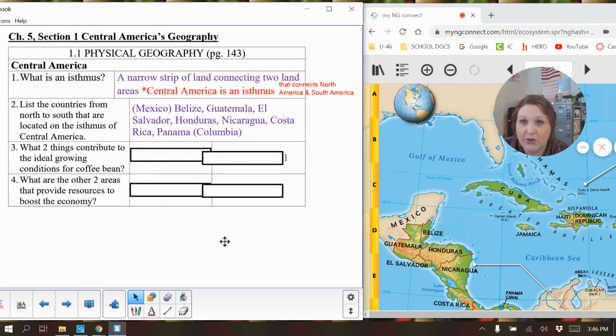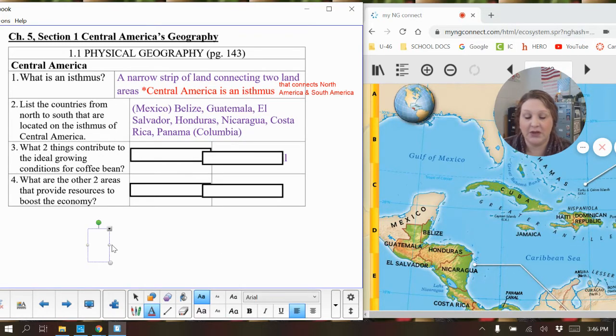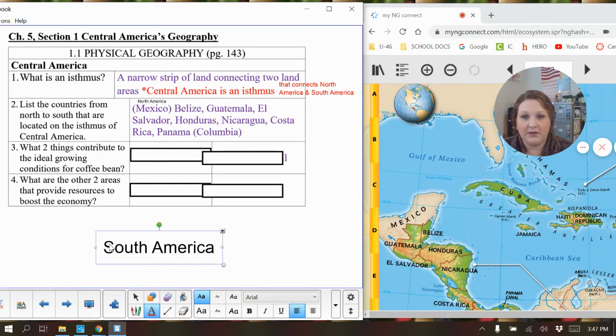But you need to know that this isthmus connects Mexico to Colombia, or North America to South America. So I'm going to actually put that in here too. So this is North America and South America.